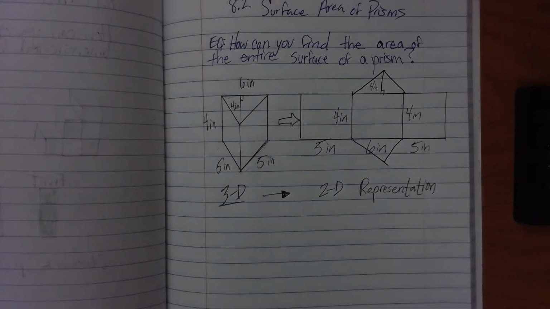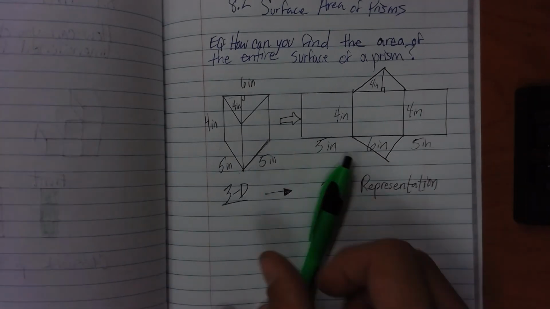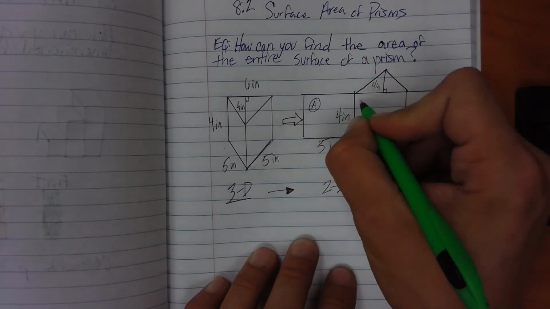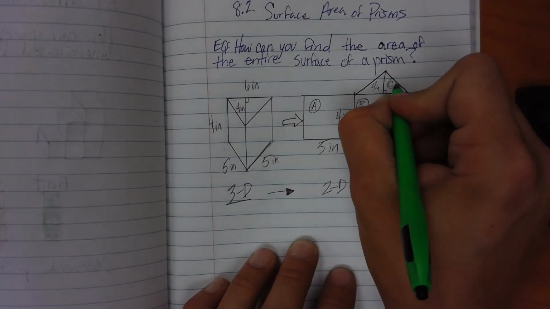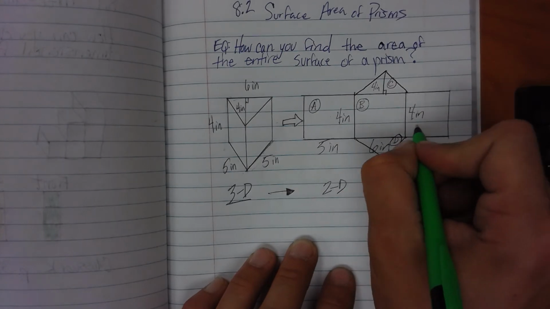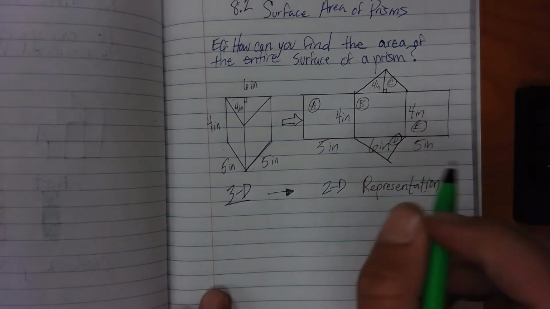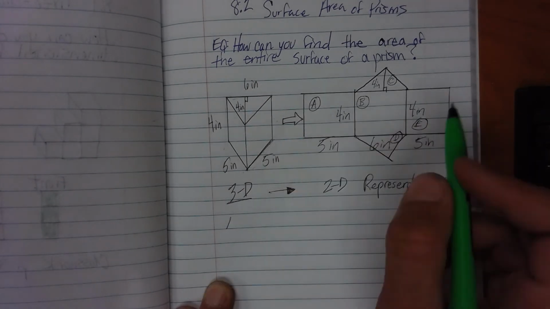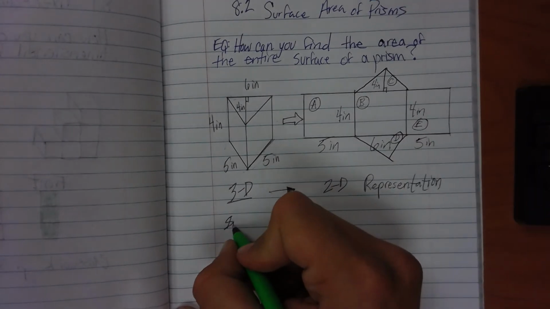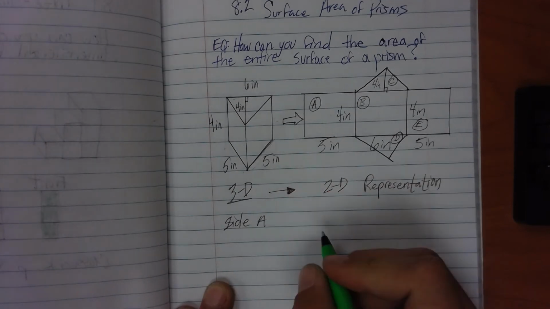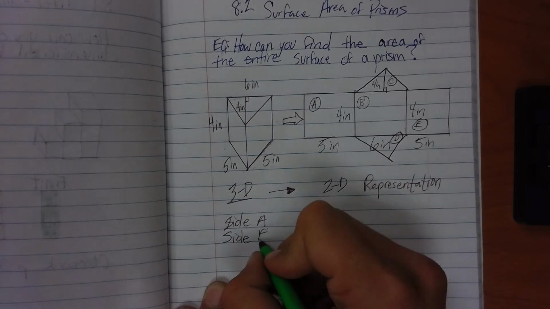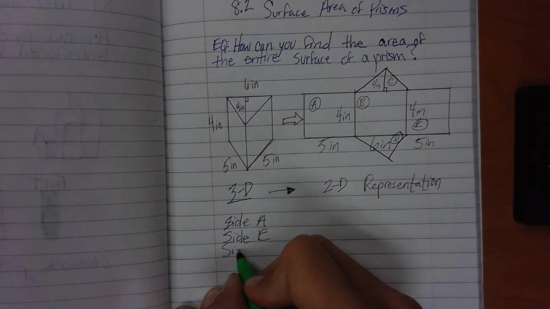Now to find the surface area of this triangular prism, I have to find the area of, we're going to say A, B, C, D, and E. So that's a side, that's a side. So side A, side E, and side B.